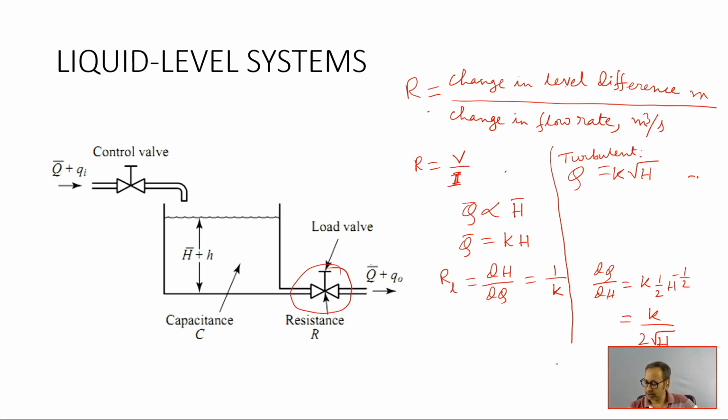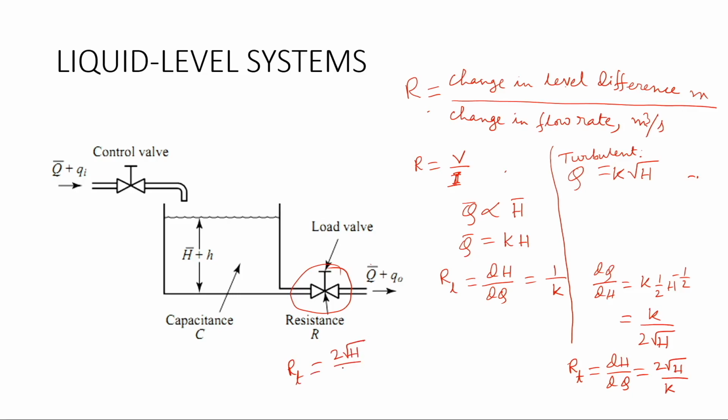So, now R_T equal to, this L stands for laminar, T stands for turbulent. So, R_T equal to dH by dQ, that means 2 root H divided by k. So, I am writing once again here, R_T equal to 2 root H divided by k.